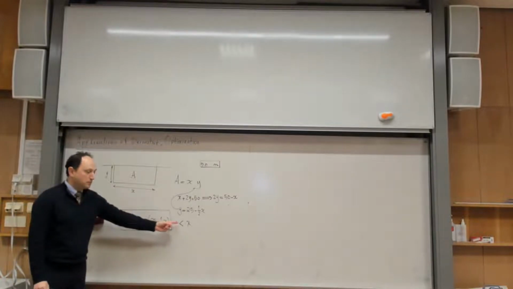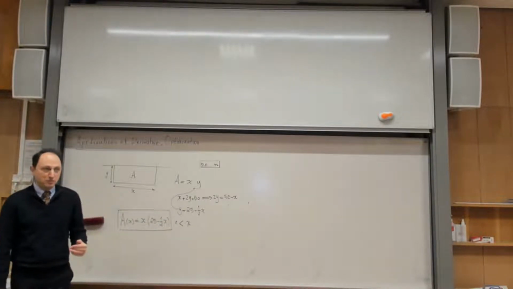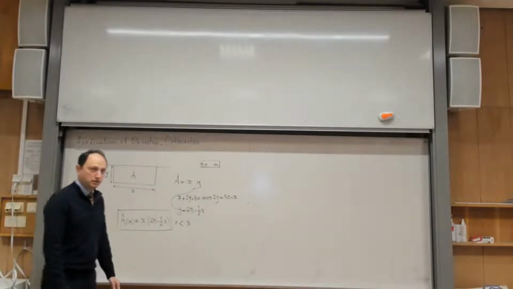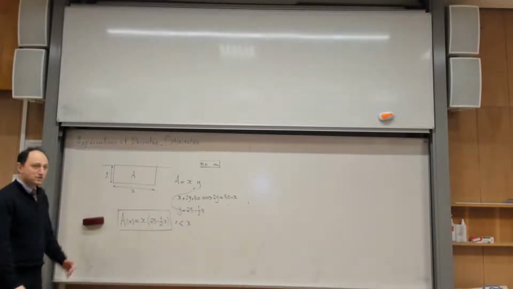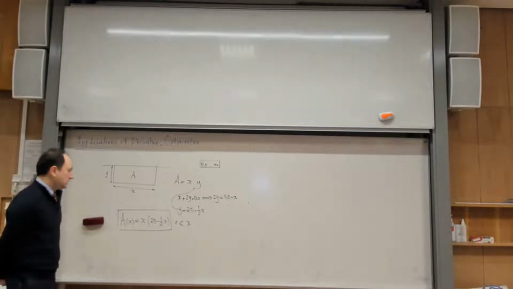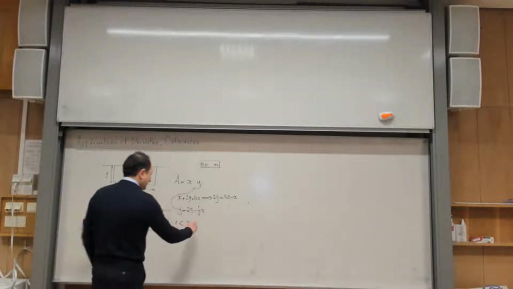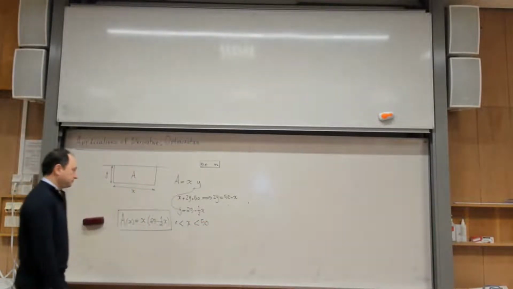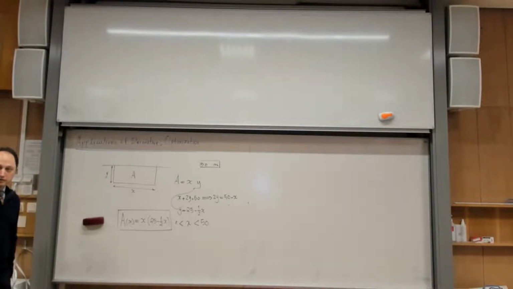So x should be a positive number, but there is an upper bound to it. Can it go up to infinity? No. What is the maximum threshold of that x? Less than 50. X less than 50, yes. X cannot be longer than 50. So this is the new problem.